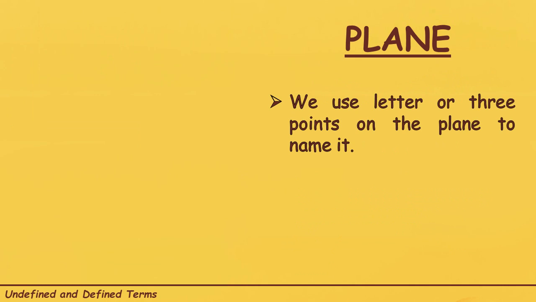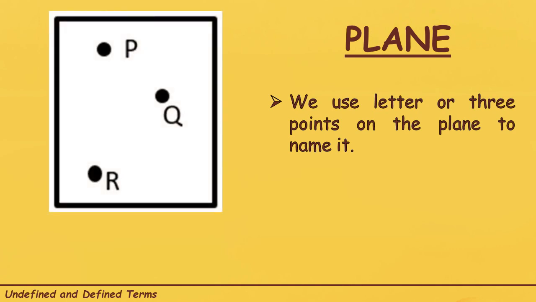We use a letter or 3 points on the plane to name it. Let's take a look at this example. As we can see, there are 3 points na meron tayo sa plane na ito. They are point P, point Q, point R. To name this plane, pwede natin gamitin yung 3 points na yan.